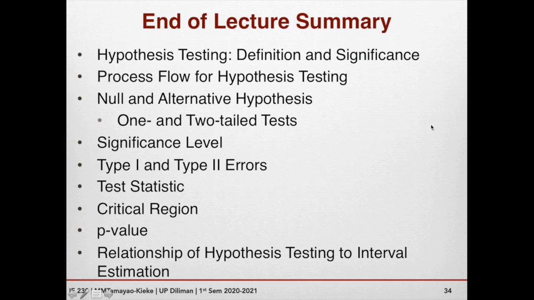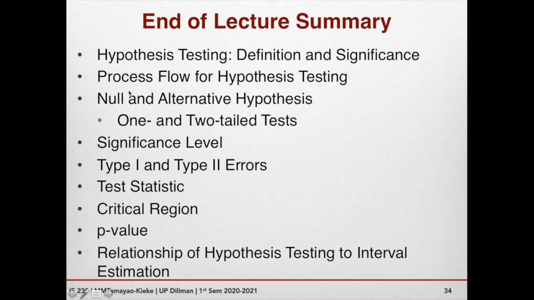So that is the end of our lecture. In summary, after 3 video lectures, we were able to cover all of these topics. We defined what hypothesis testing is, why it is important, and then we also discussed how to properly implement a hypothesis test.